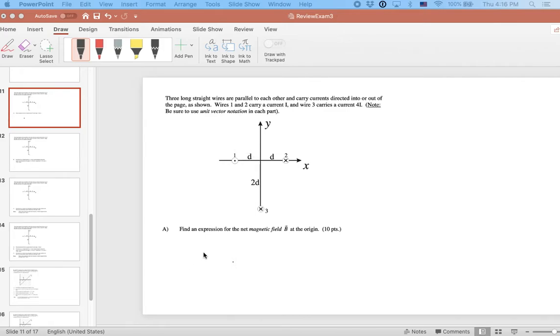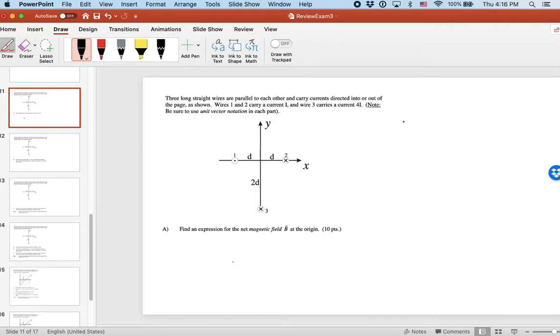Let's just draw each one of these. I think I'll draw them over here. All right, so I'm going to draw 1 first. This is my y, this is my x-axis, this is 1.